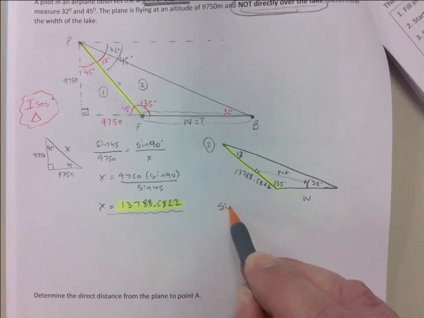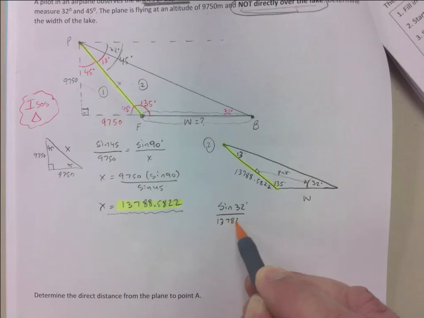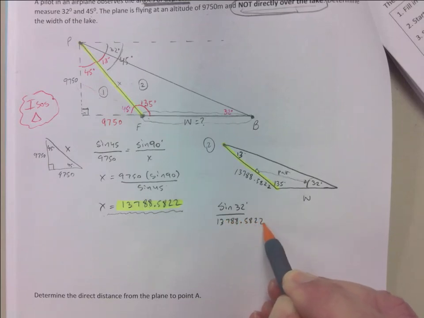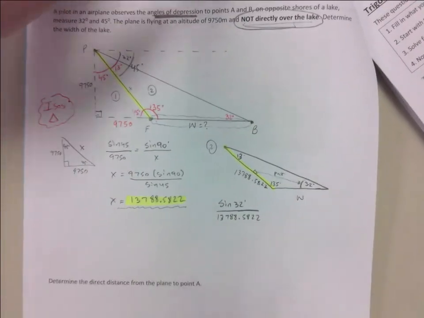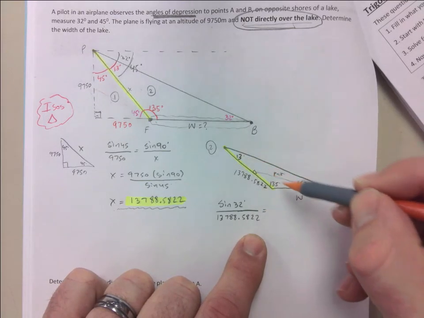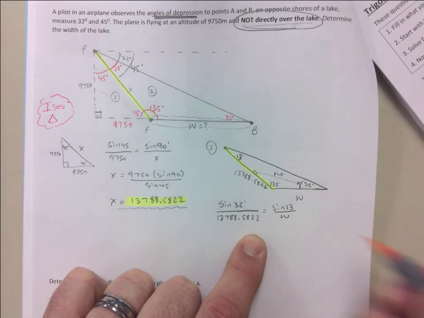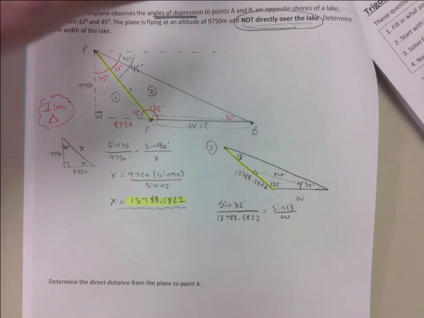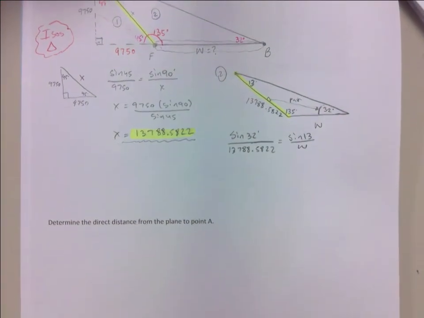So I'm going to go sine of 32 over 13788.5822. That is equal to, I have to use 13 to find W. So sine of 13 over W. We're also not solving for a whole lot of angles lately.